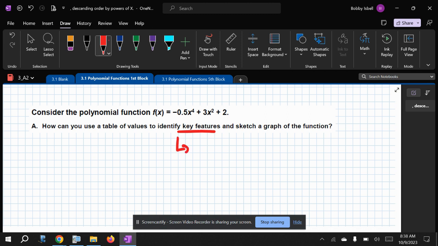So we could talk about the intercepts. Anytime you're talking about a graph of any kind of equation, intercepts are always going to be important key features of that. And then we'll talk about end behavior, what we just used.